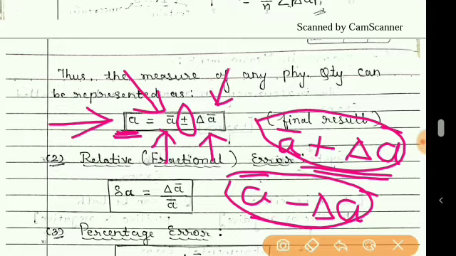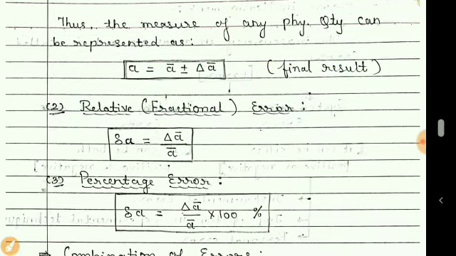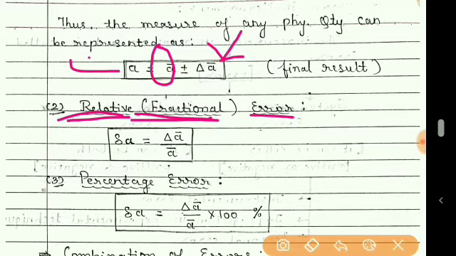Now after obtaining this final result by using the true value, that is the mean value or average value, and the average of absolute error, we can find the relative or fractional error. Now this is quite simple.